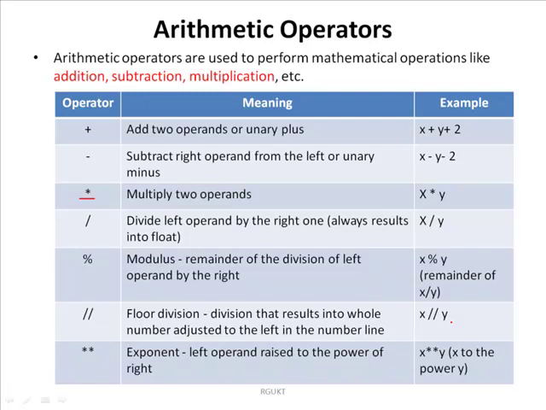In floor division we get the value in whole number format, adjusted to the left side value. Exponent is represented by using a double star: left operand raised to the power of the right, meaning here x exponent y, x to the power of y. So that is the arithmetic operators.